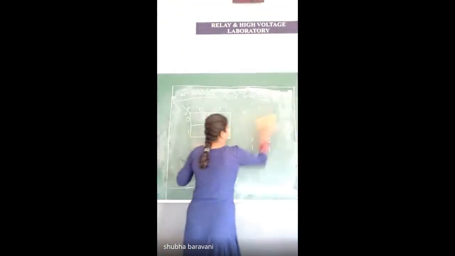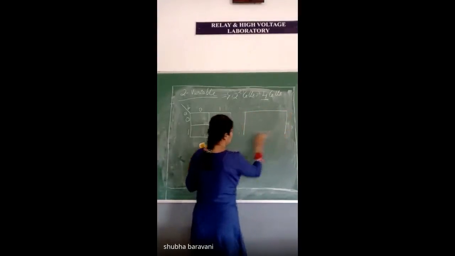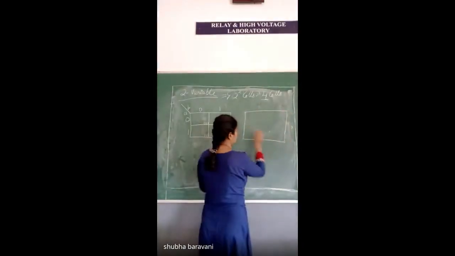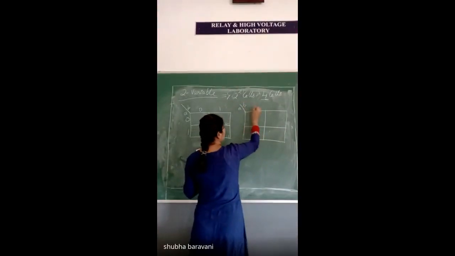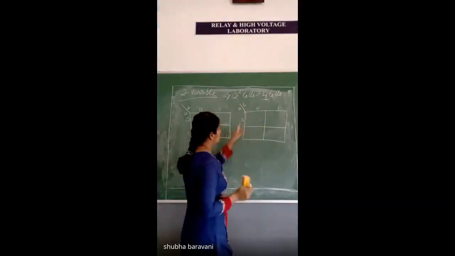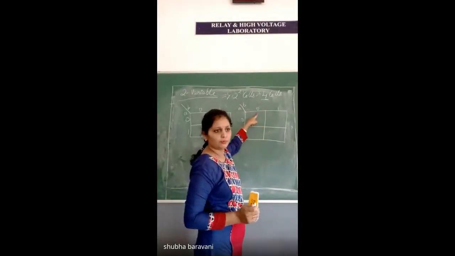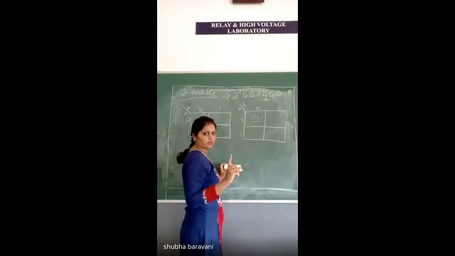Now the second method of representing the truth table is with the help of row numbers. So I'll write A B, 0 1 0 1. See, 0 0 is which row? 0th row.